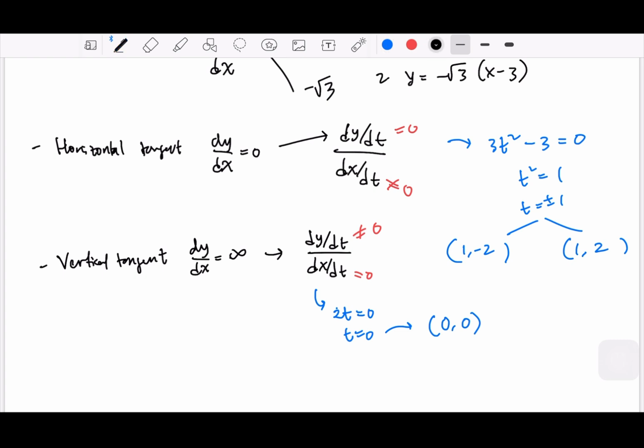Okay, now to find the concavity, we can check the second derivative.